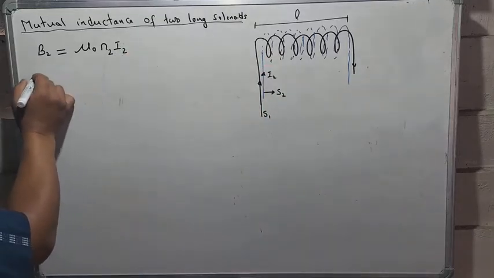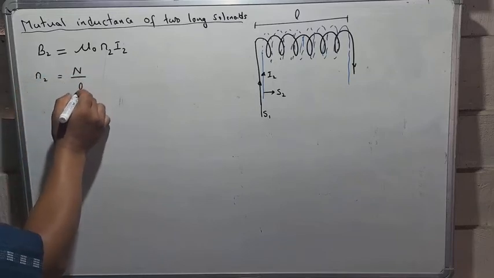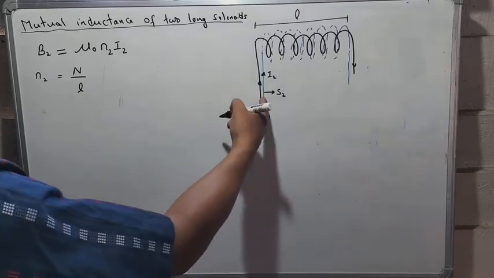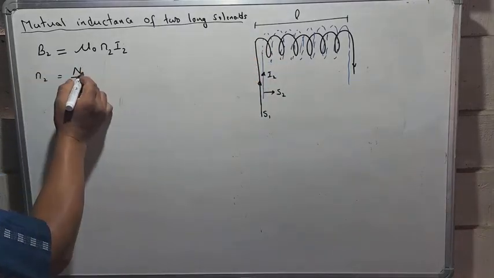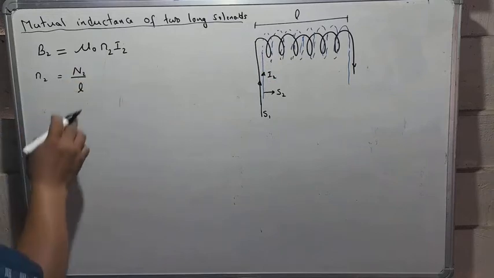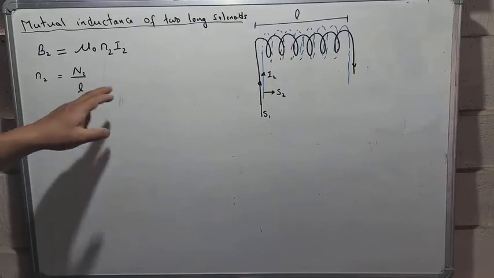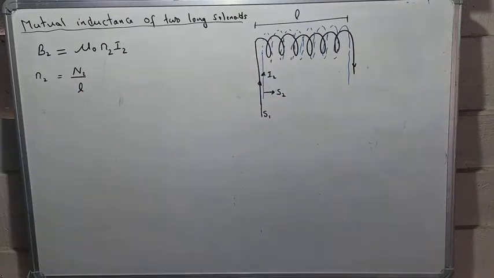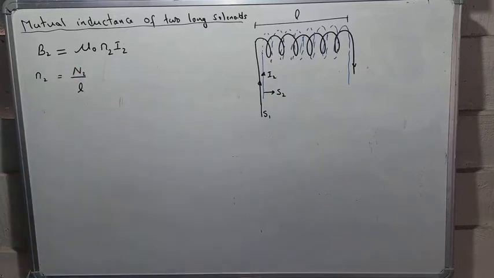N2 is the number of turns per unit length, because we are considering the second solenoid. The length is the same. So this is the magnetic field inside the second solenoid.